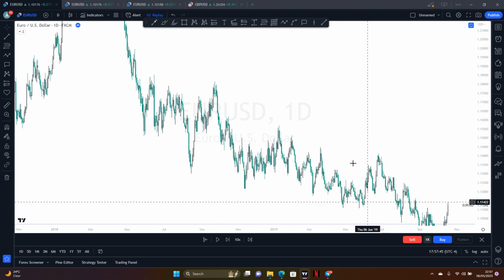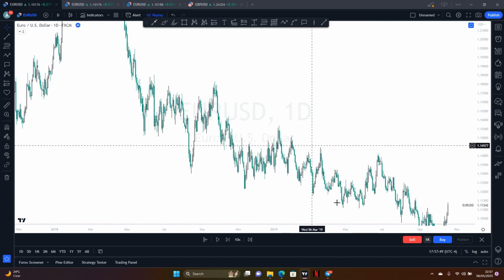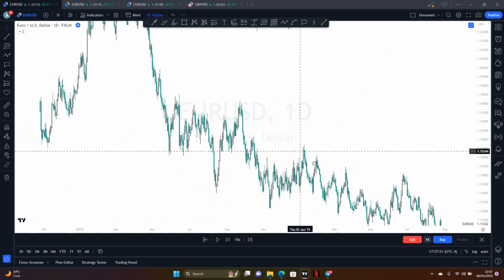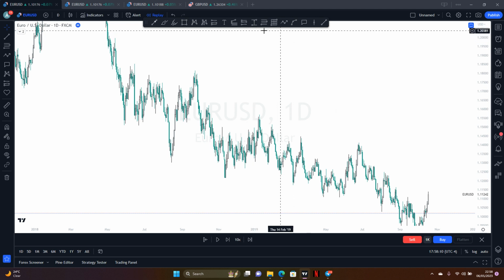And there are many market structures inside this movement. You don't know which one is which, which one is your low, which one is your high. That is the purpose of this class. After this class, I don't think any one of you will still find it difficult to understand where your lower highs and your lower lows are.